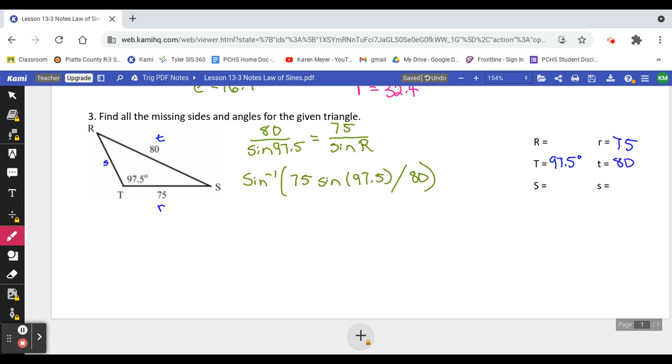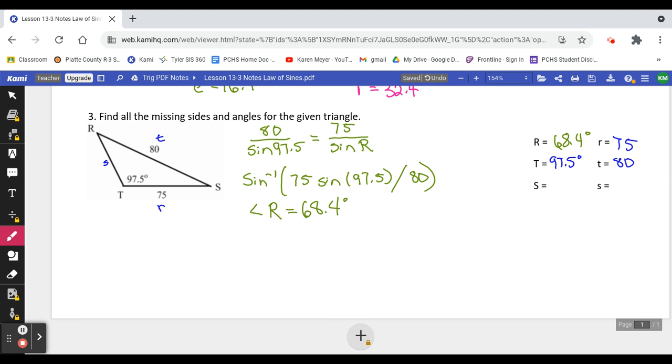And then close my parentheses from the beginning because of the inverse. So remember, the sine in front of the R goes away because we put the inverse symbol out at the very beginning. Okay. So if I type that into my calculator, then I get angle R to equal 68.4 degrees. So now I'm going to come over here and put in 68.4 degrees.